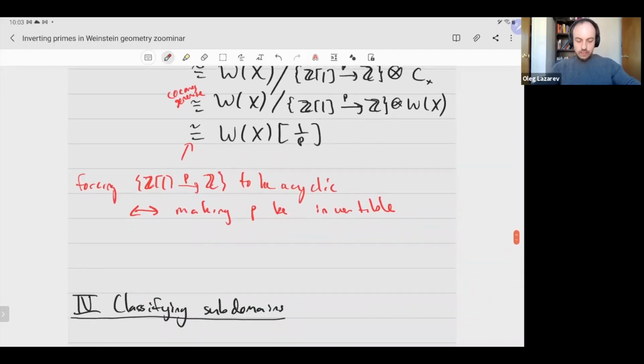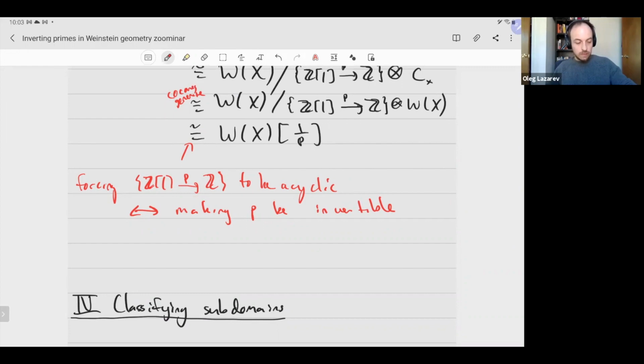Now, one thing that this perspective suggests, I mean, it shows that these X sub P's are actually subdomains. And so now you can ask, well, given a fixed domain, what are all subdomains of it? We know there's these X sub P's, but are there more?